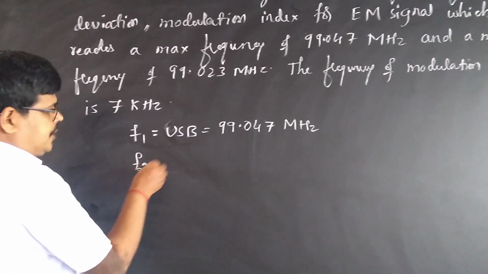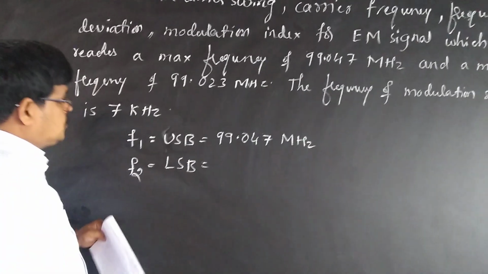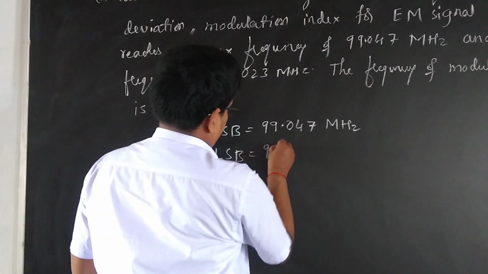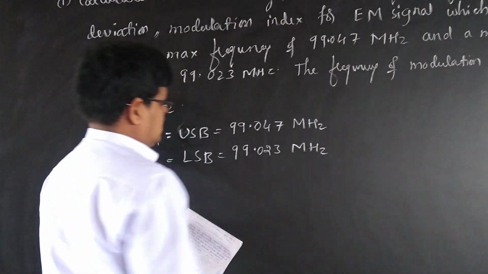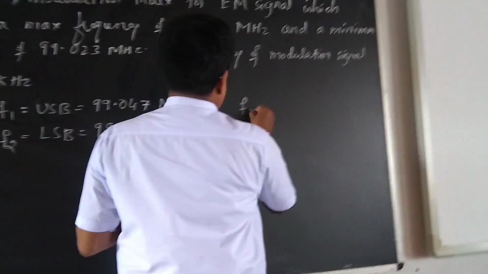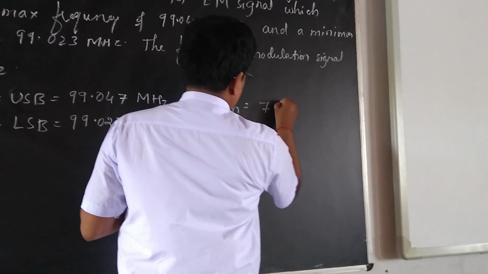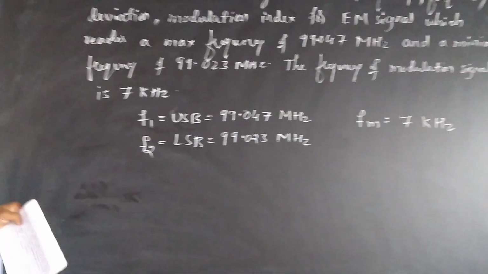Similarly, the lower sideband frequency, you can write it as LSB, which is equal to 99.023 megahertz. And the frequency of the modulation signal, FM, is equal to 7 kilohertz.